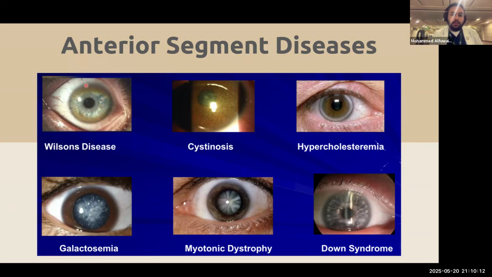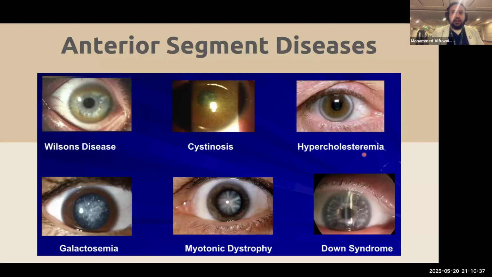And it's a copper deposition in the Descemet's membrane of the cornea. I don't think you need to know that, but this is what the disease is. It's one of the GI diseases that you'll learn in GI in third year. Wilson's disease. Cystinosis, it's cystine deposition. Again, I don't think you need to know this.